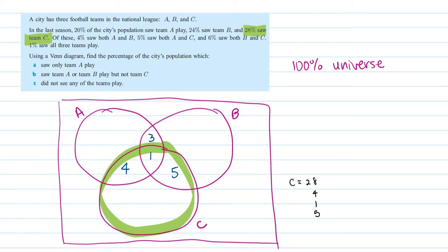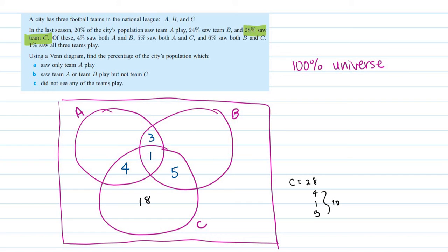So we subtract those 10 people from 28, and we get 18, and 18 is the number for only being C. Notice that it didn't say only 28% saw Team C. It says 28% saw Team C. So that's that whole circle, and we have to subtract it out.